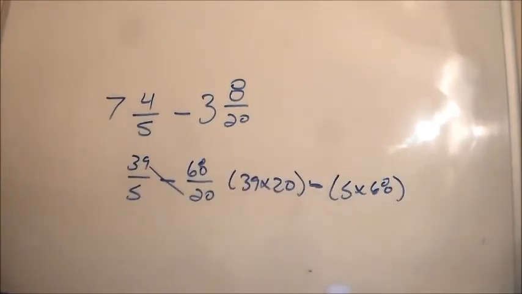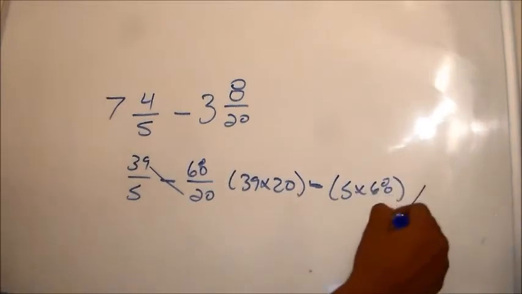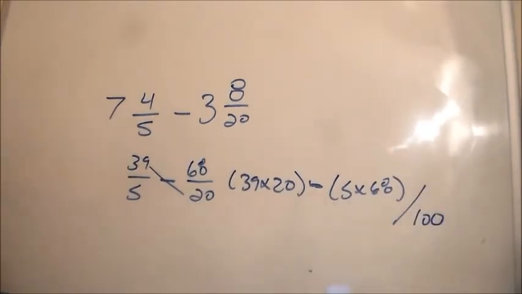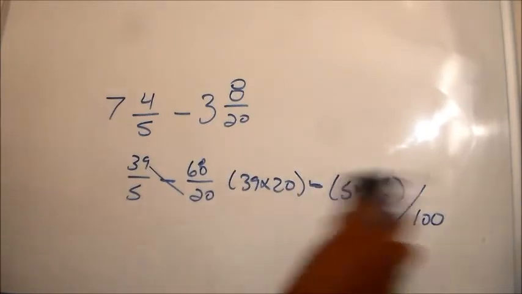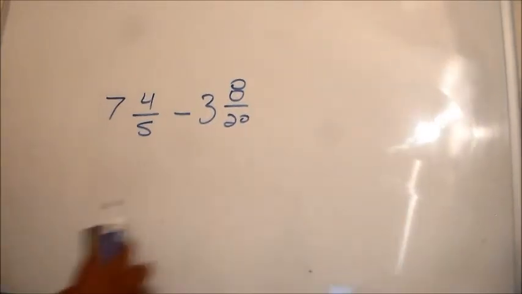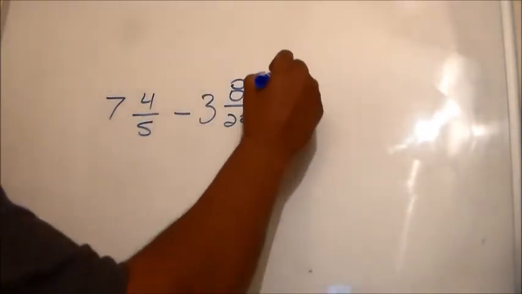And then when we figured out what that was, which would be a nightmare, then we'd have to divide all that by 100. So instead of going through all that, I would just rather keep it the old-fashioned way.